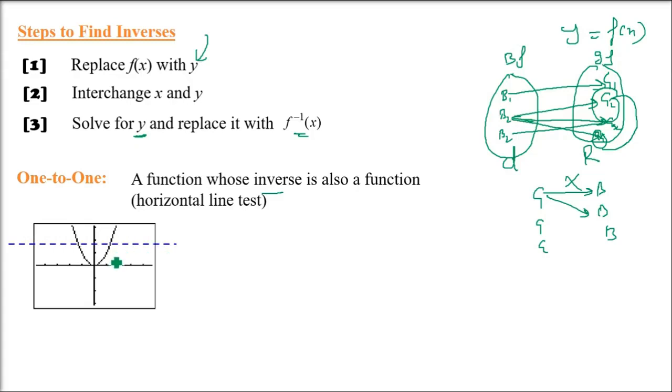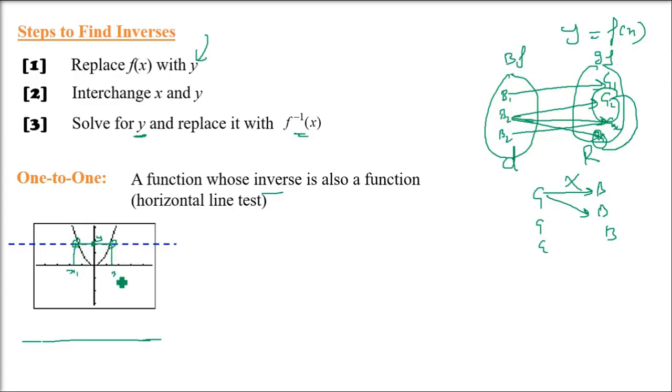So before even talking about an inverse, we have to check whether it is one-to-one or not. The horizontal line traverses vertically, and every time we check whether it cuts the graph at more than one point. If it intersects the graph at more than 1 point, then it is not one-to-one. For example, see here, this is the y value.